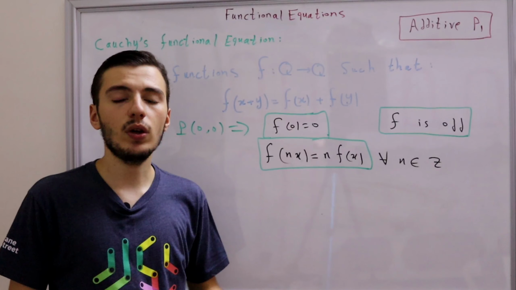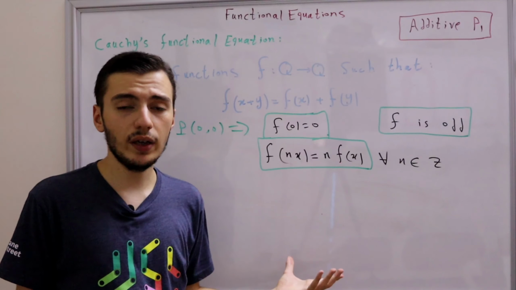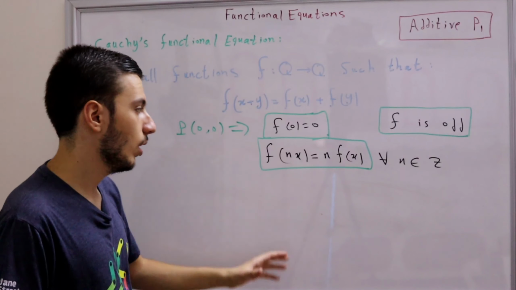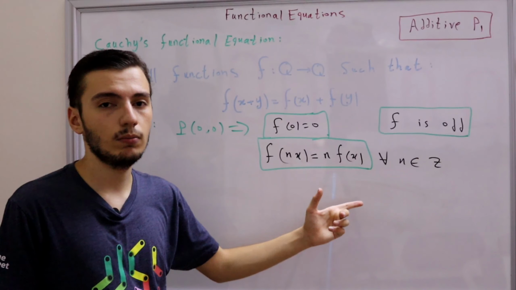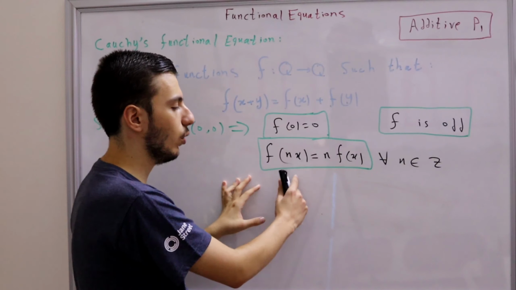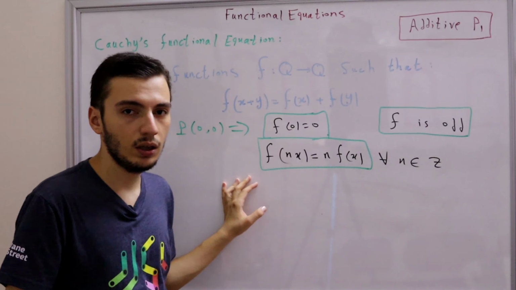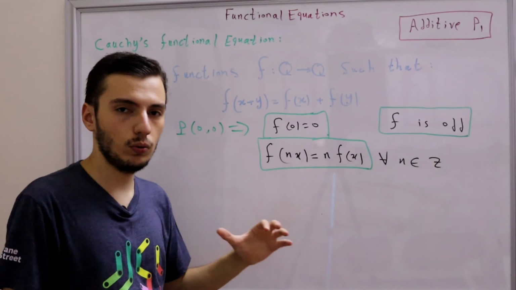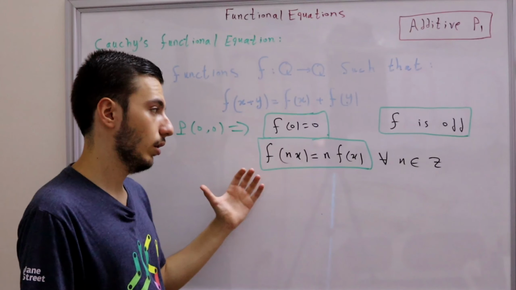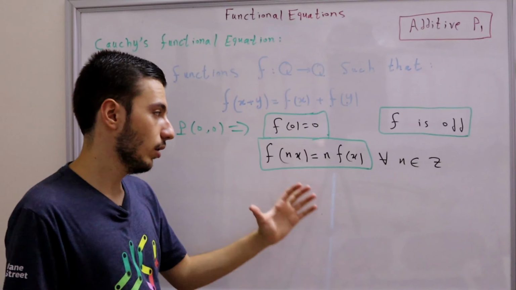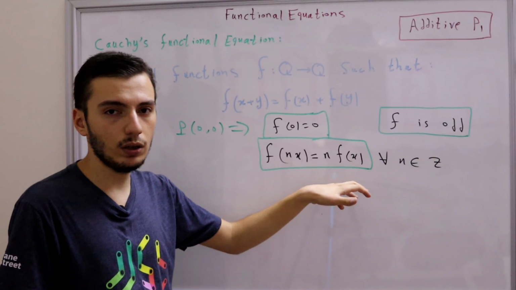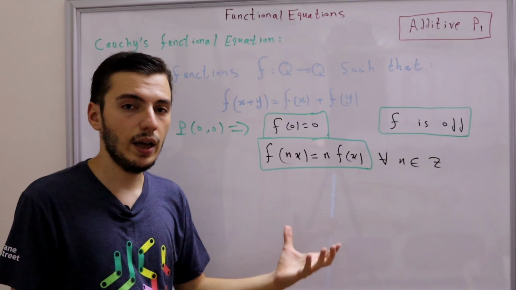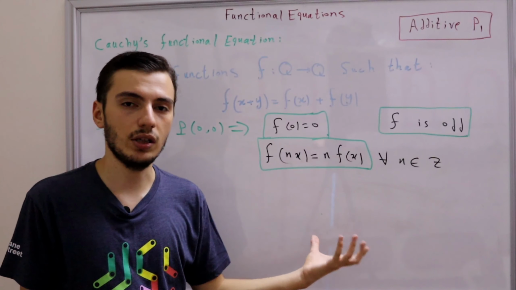Well, actually, we have already found the value of f over all integers. Why is that? Well, just substitute x with 1, and you're going to get f of n is equal to n times f of 1. But f of n covers all integers, so that is the f of any integer, and it is n times f of 1. We can assume that f of 1 is just a constant c, and get that f of n equals nc.